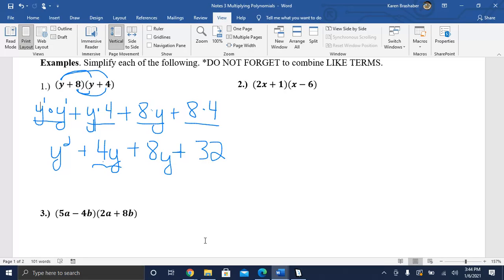And then these two terms can be combined. So I'll write y squared plus, I can add the 8 and the 4, making 12y, and then plus 32.